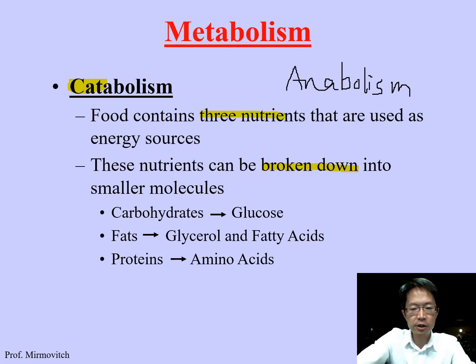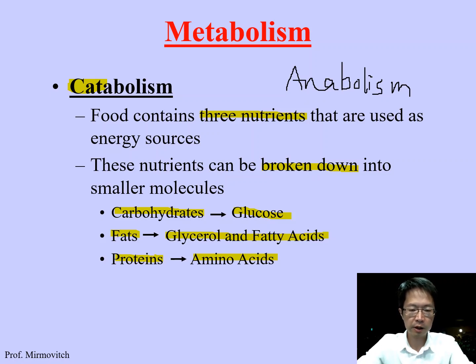And we learned about this at the beginning of the semester. The three nutrients we refer to: carbohydrate, fat or lipid, and protein. When we break down carbohydrate, it will become glucose. When we break down lipid or fat, it will become glycerol and fatty acids. When we break down protein, it will become amino acids. So glucose is a monomer for carbohydrate, glycerol and fatty acid are also monomers, and amino acid is the monomer for protein.